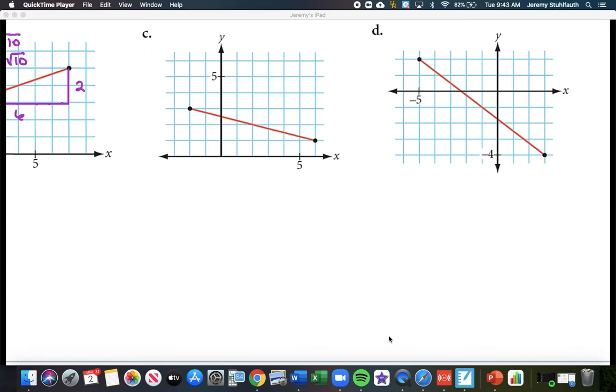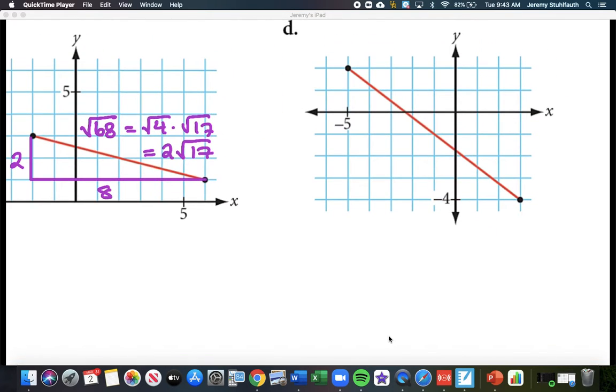For this third line, we'd have a length of 2, and then we'd have a length that goes over to this point, which would be a length of 8. So we have 64 plus 4, which would be 68. So we have the square root of 68, and if we simplify that, we would have the square root of 4 times the square root of 17, which would give us 2 square roots of 17.